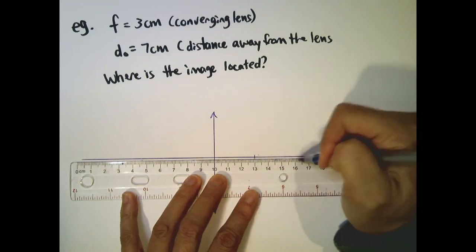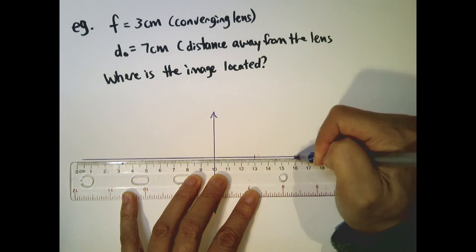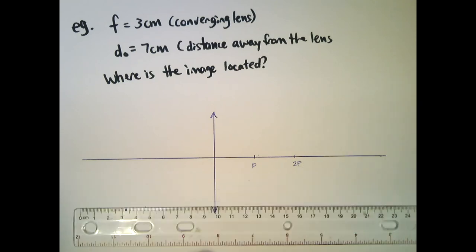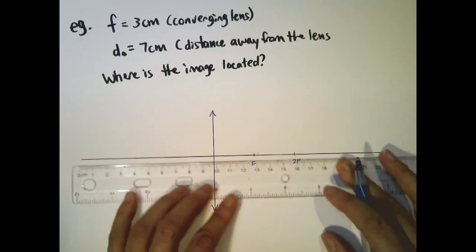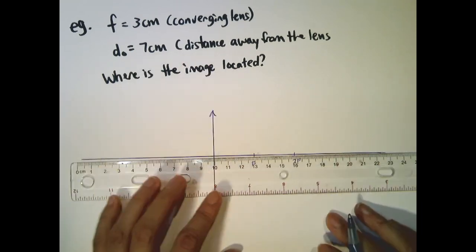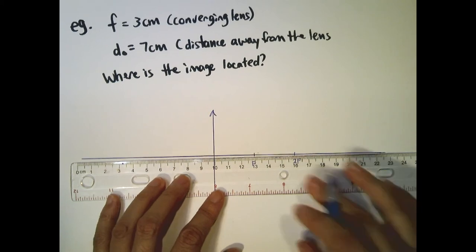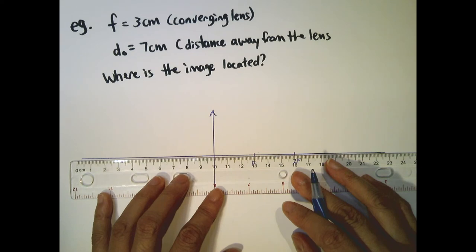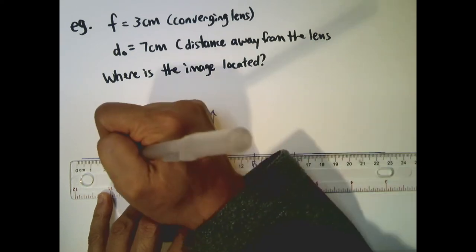So here is 3 centimeters, this is F, and this here is 2F. My object is 7 centimeters away.